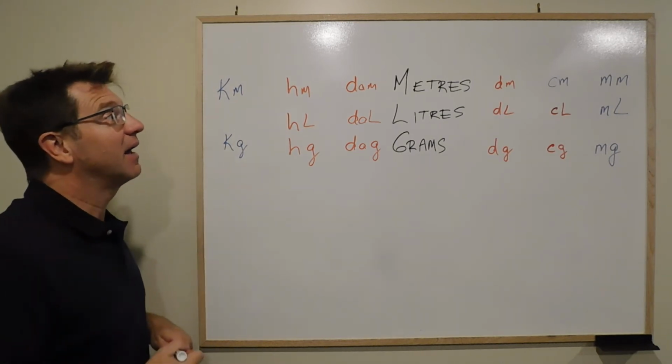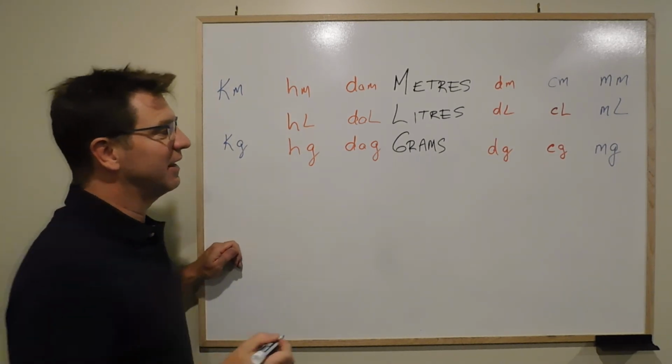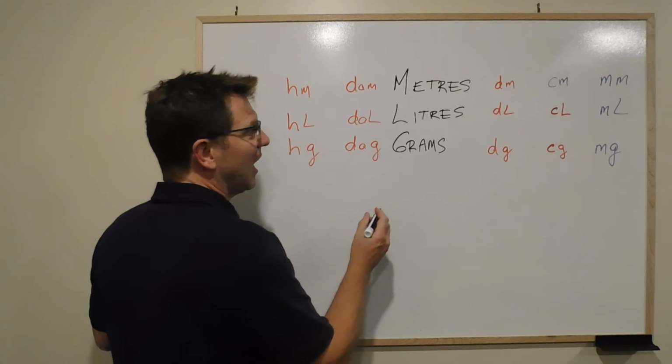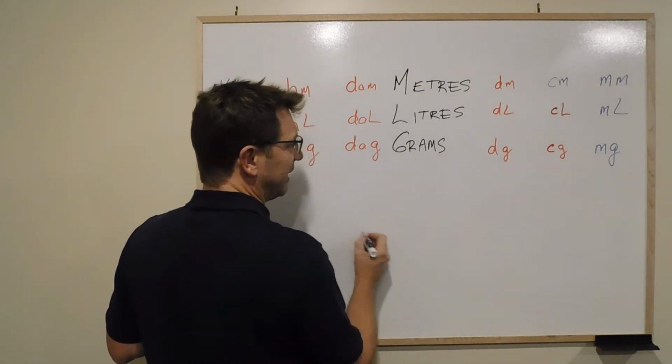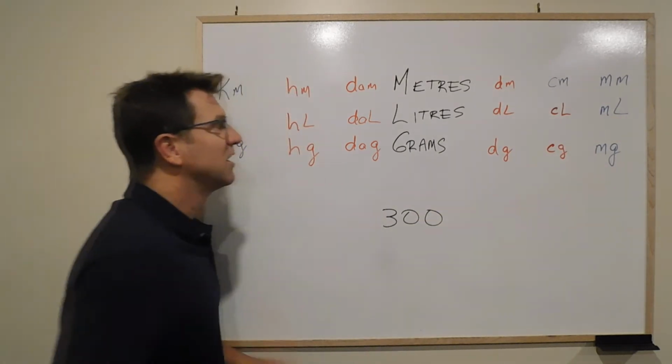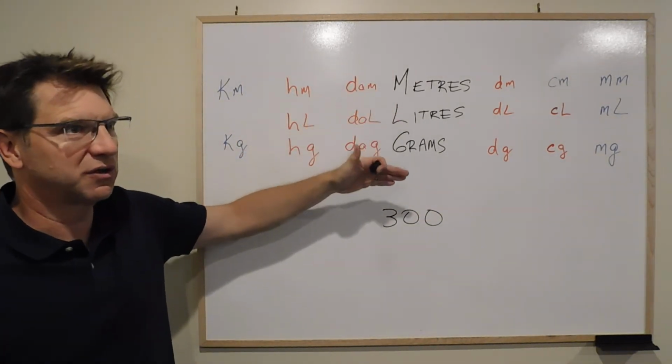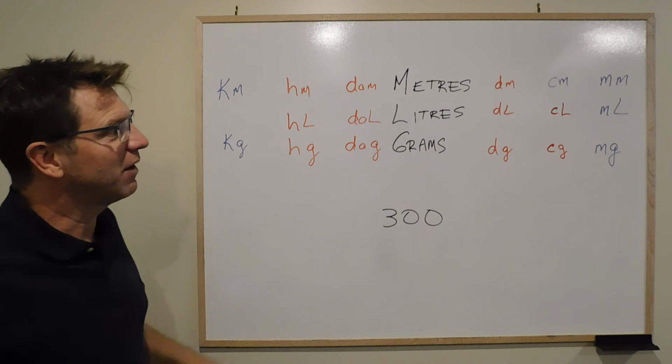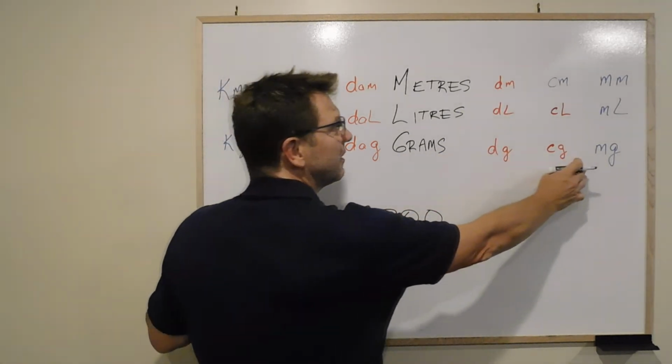I want you to think about it this way. Let's say I have 300 meters or liters or grams, and I want to convert it to milligrams.